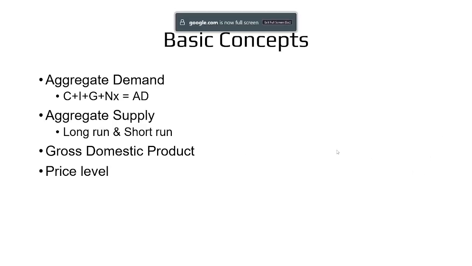So there are a few basic concepts to go over with regards to classical economics. These are aggregate demand, aggregate supply, gross domestic product, and the price level. These are the basic core concepts that, to understand classical economics, one has to get their head around.